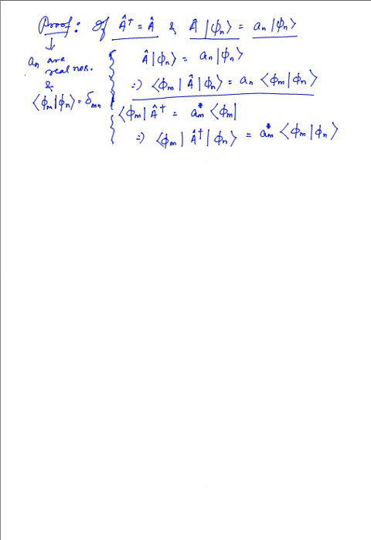Now we have to prove that all the an are real, and as for the orthogonality, we have the inner product of phi m and phi n equal to the Kronecker delta mn.